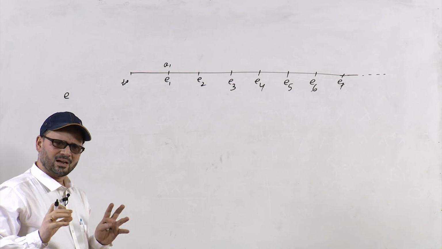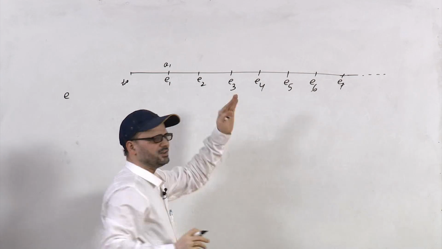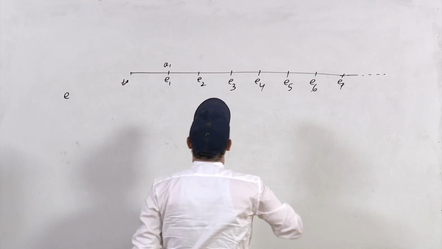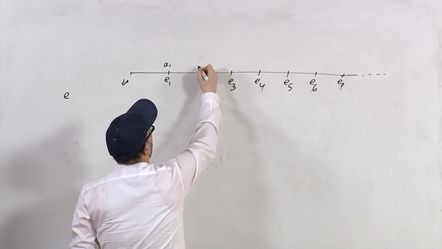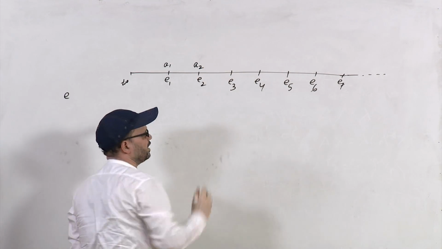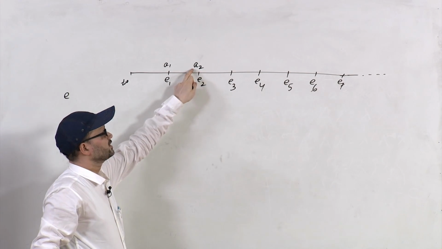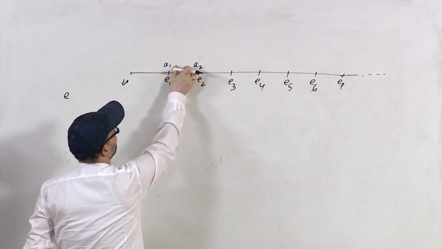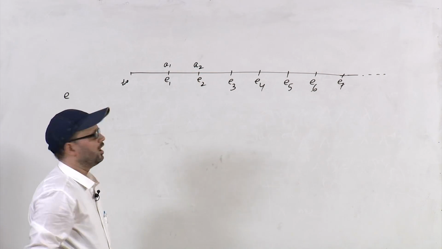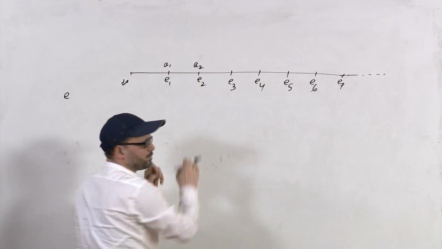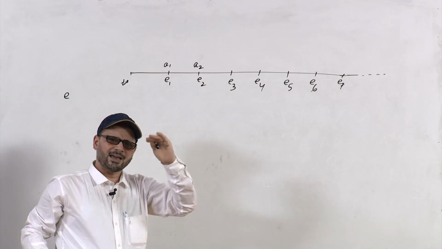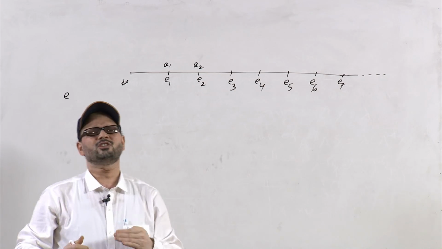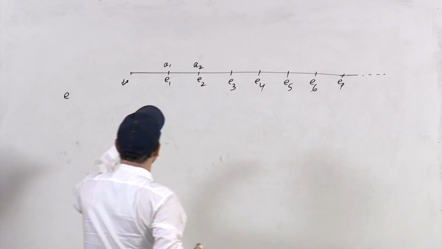Now, the next arrival will depend upon the inter-arrival time. So, suppose the next arrival may be coming here. When this next arrival occurs will depend upon this time A2 minus A1, or this difference of time, and this value we have to get as data, which may be in the form of a probability distribution function or random variates.